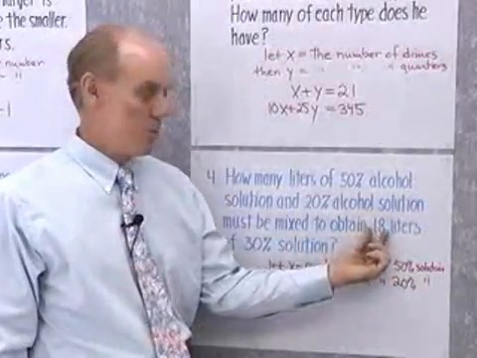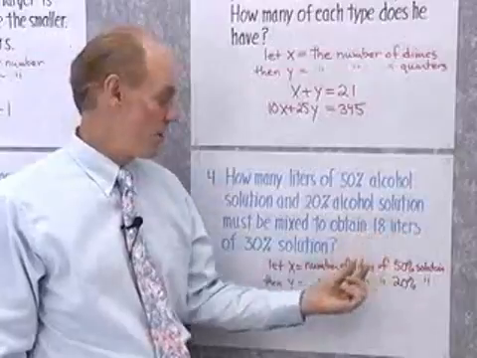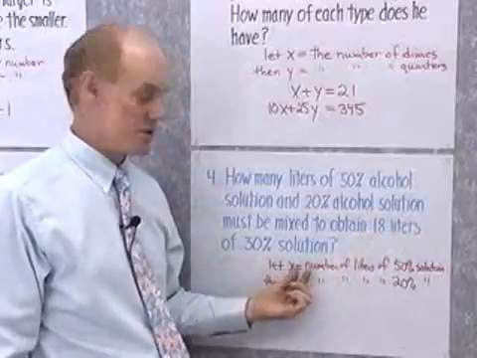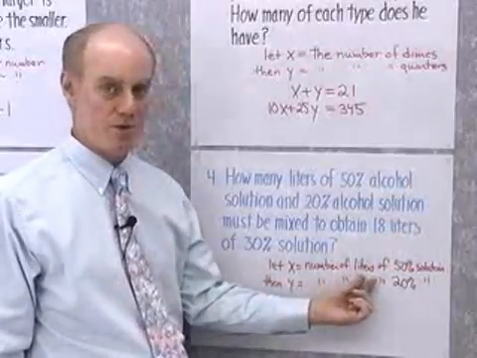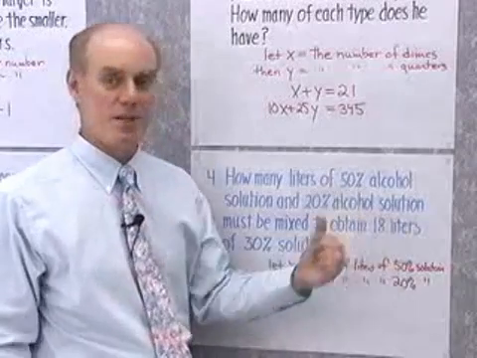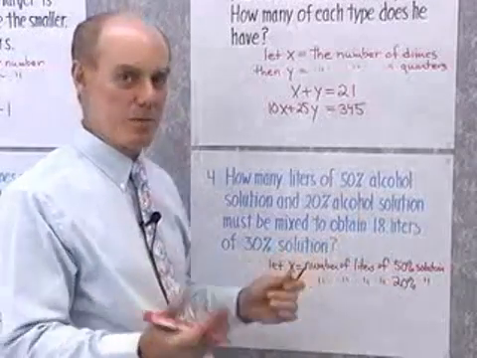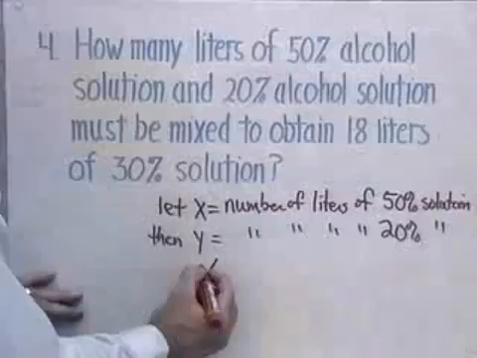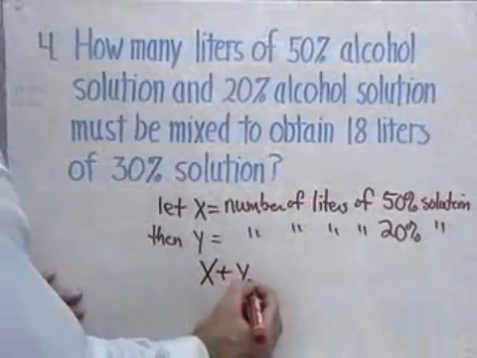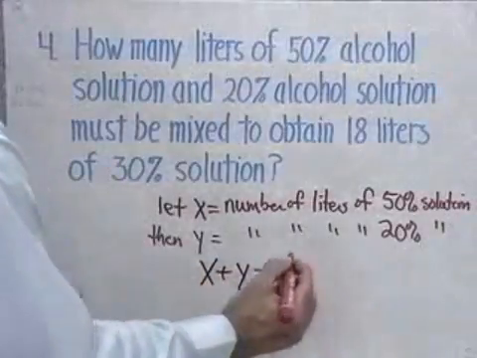Well, I want to end up with a total of 18 liters. So I'm going to mix X liters of 50% solution and Y liters, that's 20% solution, and I'm going to end up with exactly 18 liters. That gives me my first equation, which is X plus Y is equal to 18.